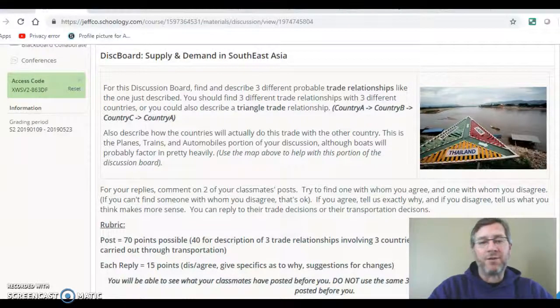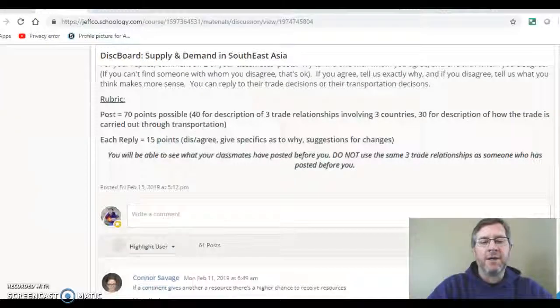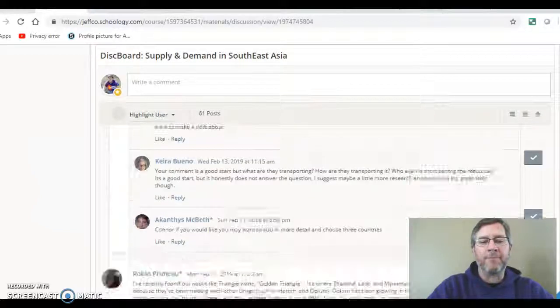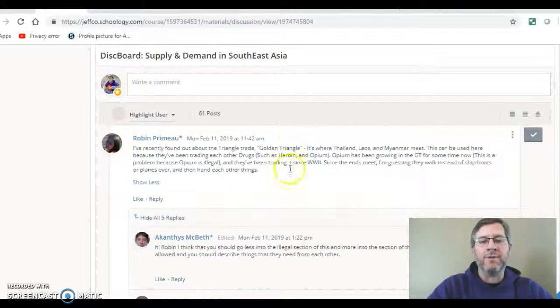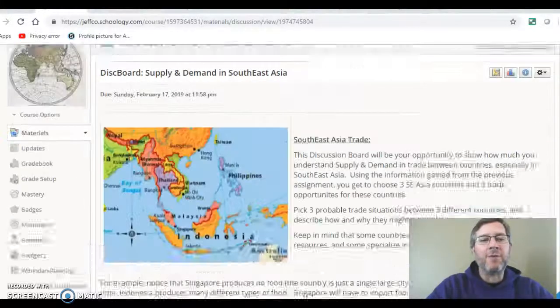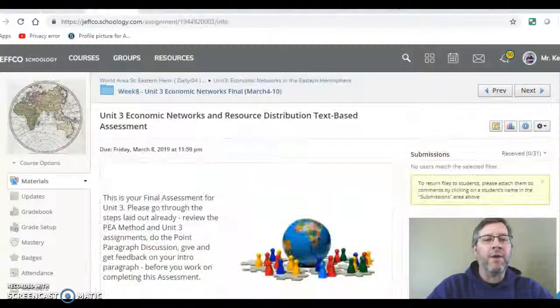Then you picked 3 to either do a triangle trade, or where 2 trade, 2 others trade, 2 others trade. That's basically what we're going to be doing with the assessment.